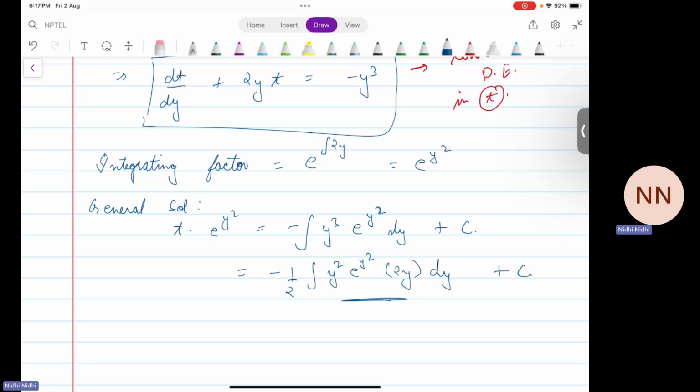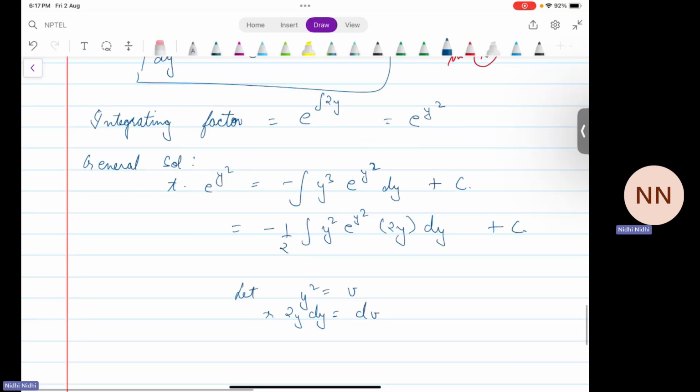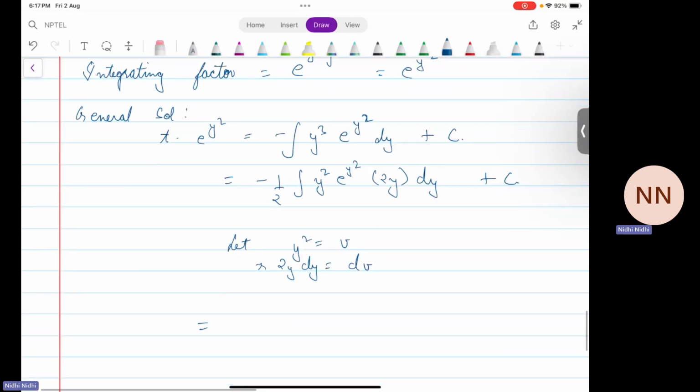Why did we write it like this? So that we can use the substitution. We'll take some other variable v to be equal to y square, and then we'll get 2y dy to be dv. So let y square is equal to v. We get 2y dy is equal to dv. This gives us minus 1 by 2 integration v e to the power v dv plus c.